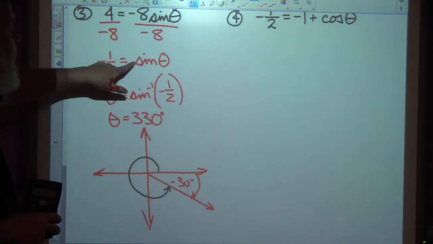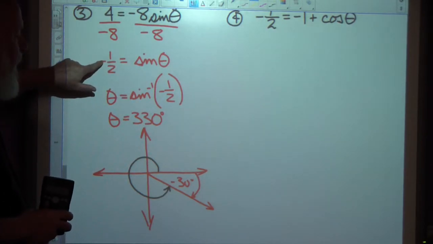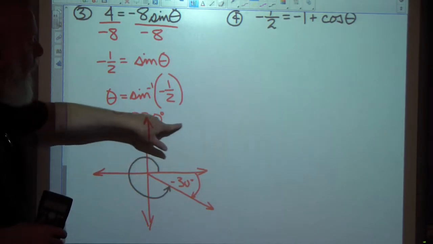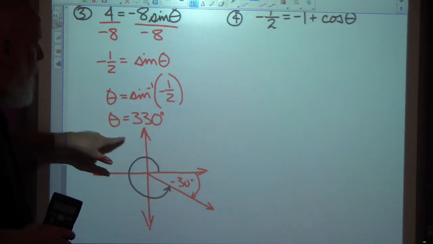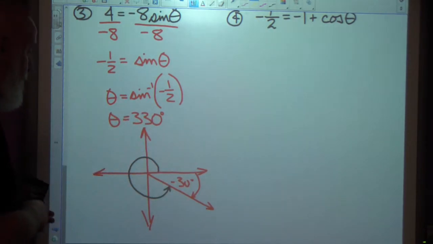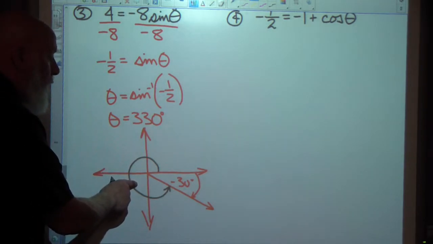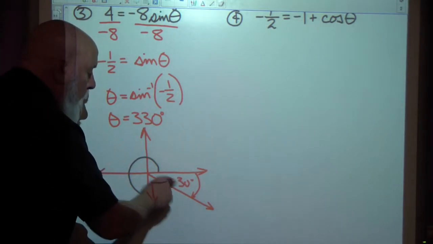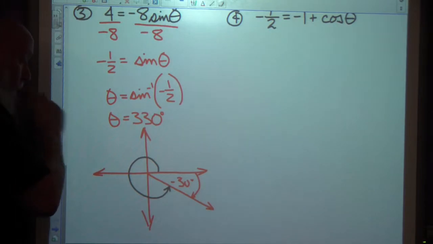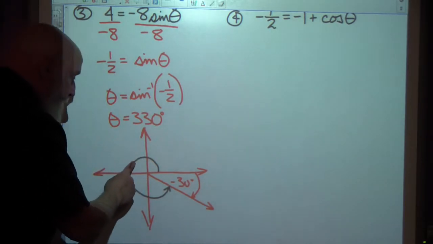And I'm getting sine as a negative value. Where else is the sine negative? Well, the sine is positive in quadrant 1. The sine is positive in quadrant 2. So I'm in quadrant 3 also, with a reference angle of 30 degrees.